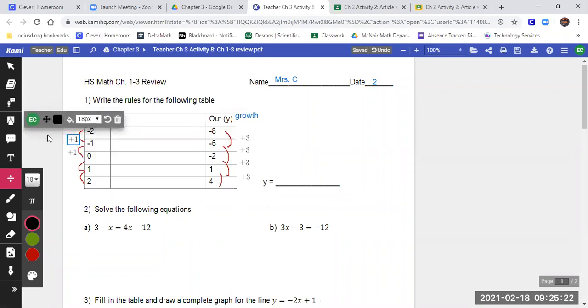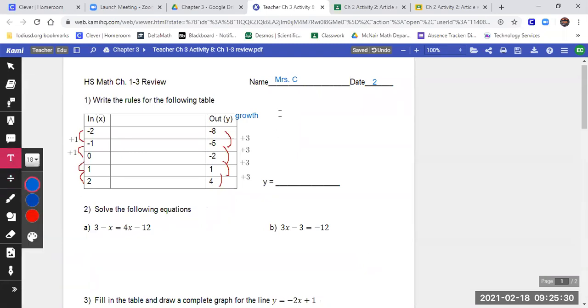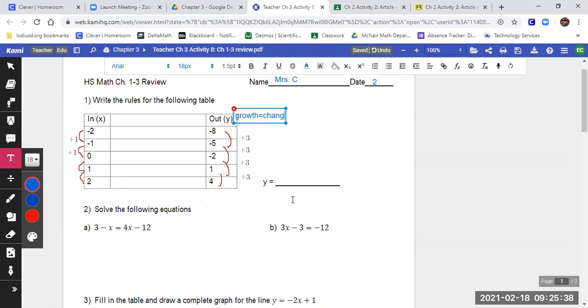But we should start looking at it that way. Whenever we're trying to find our growth number, growth is equal to, let me get in the box with it, the change of Y divided by the change of x. Okay.